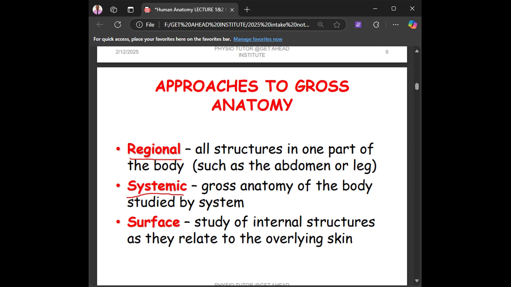In a systemic way, you'll find that it studies the gross anatomy of each system in the body. Okay, so systemic anatomy gets to study the gross anatomy of each system in the body.